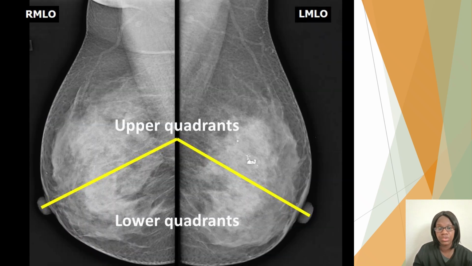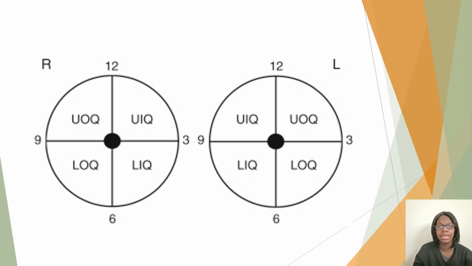Also know your quadrants, which one is considered upper outer quadrant, your lower outer quadrant. And then, like I was saying, for your test, if you're asked on the right breast, I'm just throwing out examples, on the right breast at 2 o'clock, is this your upper outer quadrant, your lower outer quadrant?